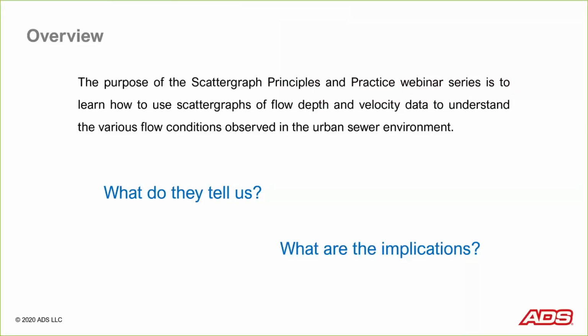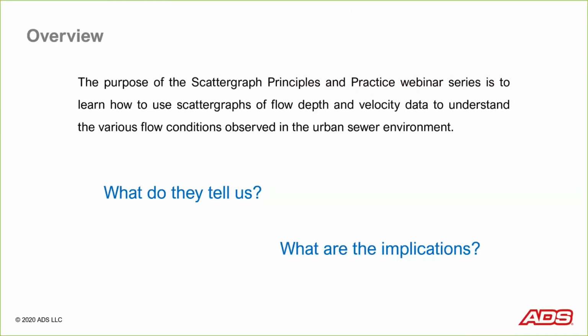So this is part 4 in this webinar series. In part 1, we covered some of the fundamentals, which included the Manning equation and the ideal conditions we would expect in the sewer. In part 2, we covered backwater and surcharge conditions. Those are less ideal conditions, but we often know that they happen in sewers.